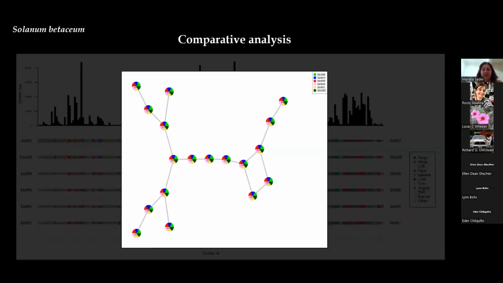If we observe, for example, supercluster 1, it is the most abundant supercluster in the genome, and all the clusters that form this supercluster 1 are Tekay elements. We can see that the abundance of this element is similar in all populations.